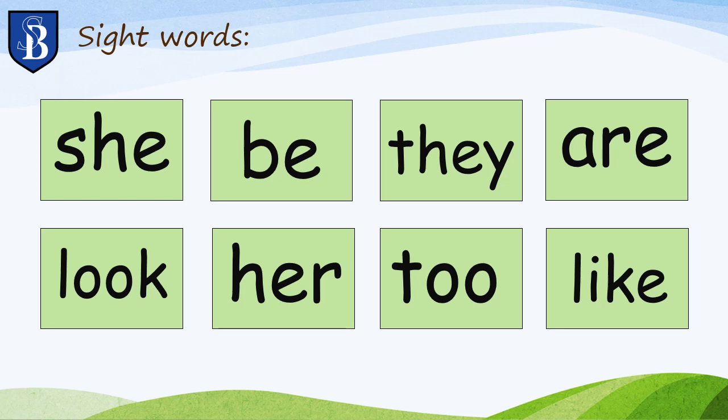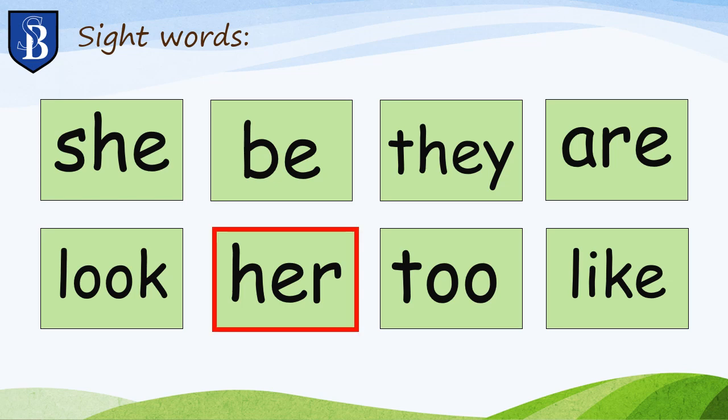They. There's the word they. Are. Remember we talked about all the letters in the word are being of a similar size. Oh yeah, there's are. Her. Can you hear that at the beginning of the word her?